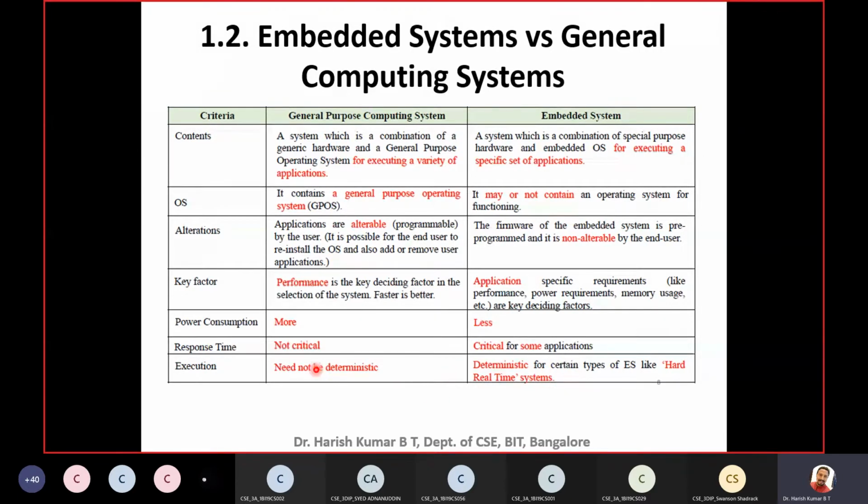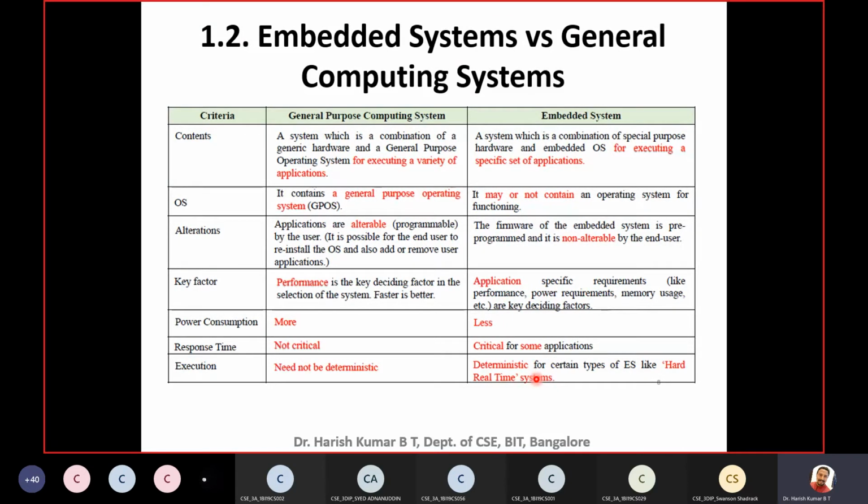Here it is non-deterministic. Execution time is non-deterministic, but on the embedded system, you have to compulsorily make it deterministic, especially in the case of a real-time system. For a soft real-time system, there can be some relaxation on the execution time, but for the hard real-time system, there is no relaxation.